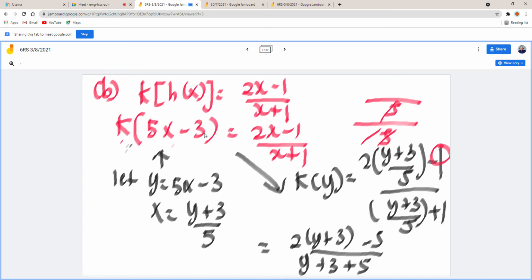You know this one is going to be y, because here you mentioned 5x minus 3 is y. So ky equals 2y plus 3 over 5, you get over here. The x we substitute as y plus 3 over 5, and then minus 1 over y plus 3 over 5 plus 1. And then at the end you'll get like this. You know how to get this one?